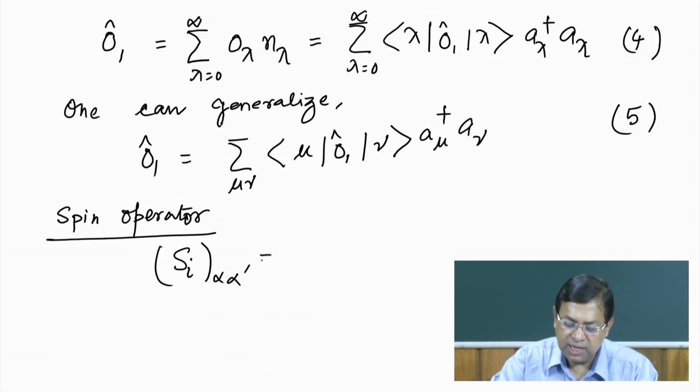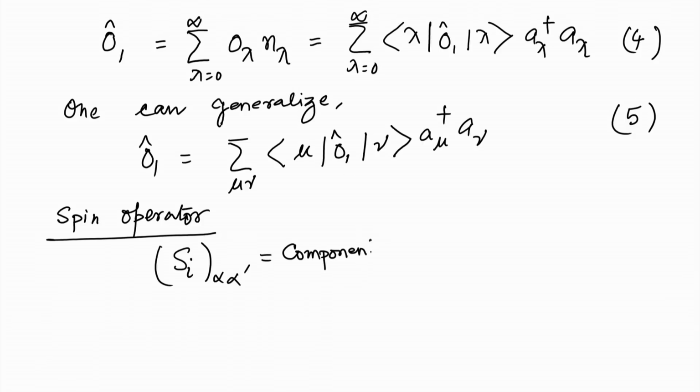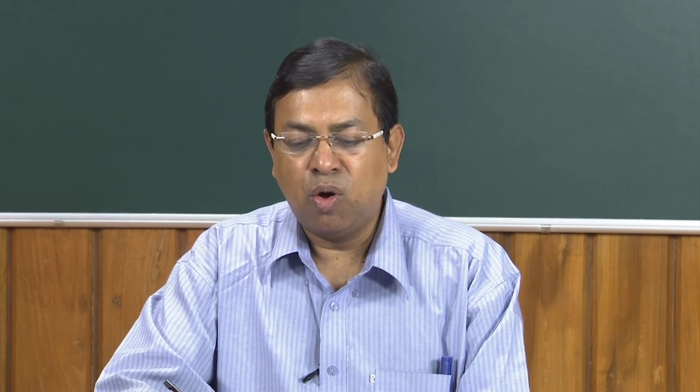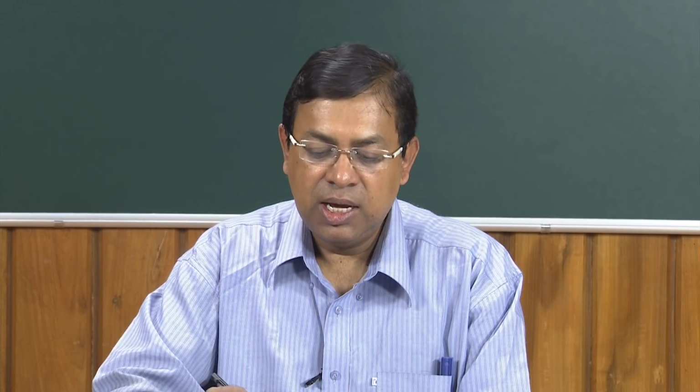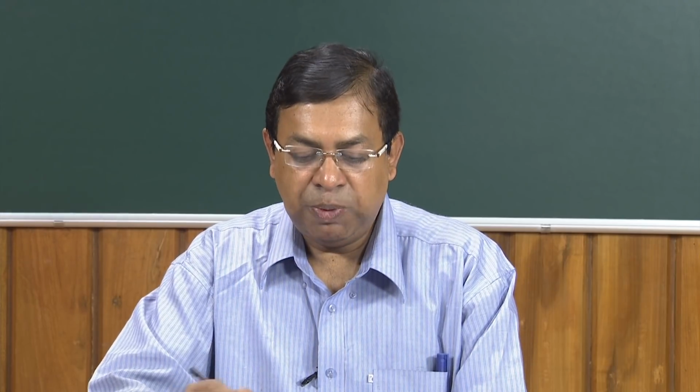This is basically nothing but the components of the spin. In ordinary quantum mechanics, you have studied spin. Even in non-relativistic quantum mechanics, we add spin by hand, whereas in the Dirac theory, the relativistic theory, spin comes naturally. For a spin half object, the spin operator is a 2 by 2 operator, and for spin 1 it is a 3 by 3 operator.